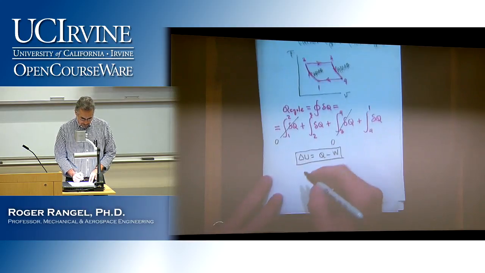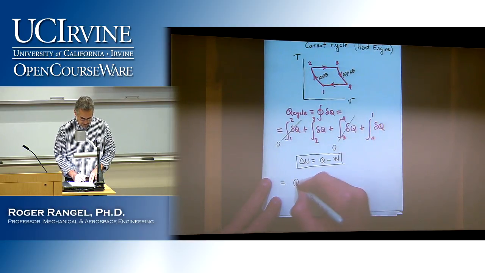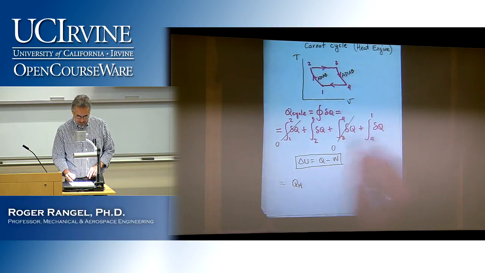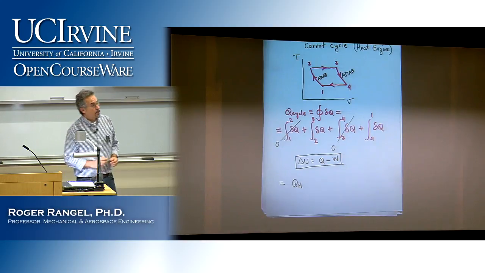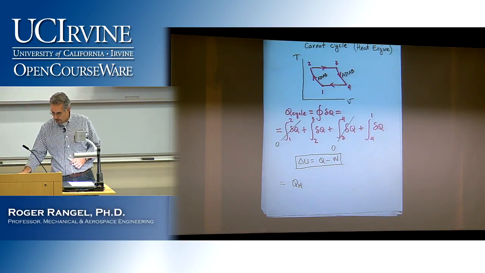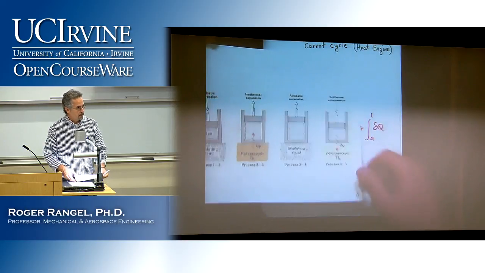So if I keep working my expression down here, 0, then Q sub H, and then the last one is Q sub L, right? But we know that's coming out of the system, so we know it's negative. That integral will come out negative.